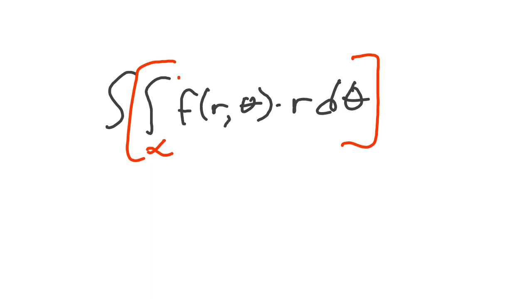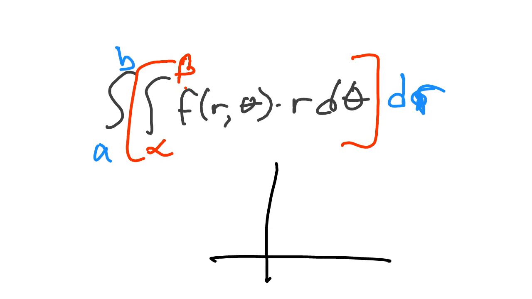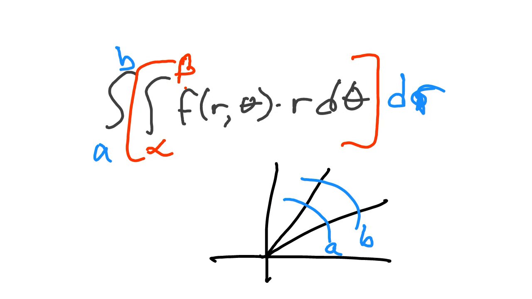Theta goes from alpha to beta, right? On that picture I was drawing before. And then if we go dr after that, we're going to go from A to B. And so once again, that was the picture that we had, where r, in this case being the blue, goes from r equals A to r equals B, and theta goes from alpha right here for that one, and beta is starting out at the positive x-axis going up.